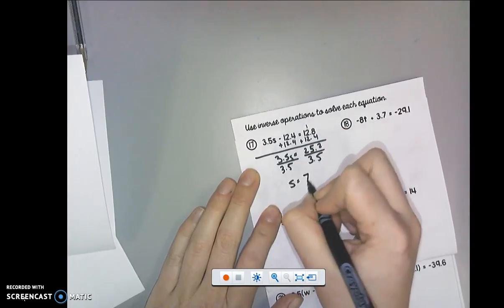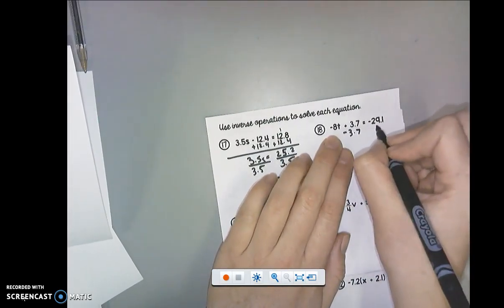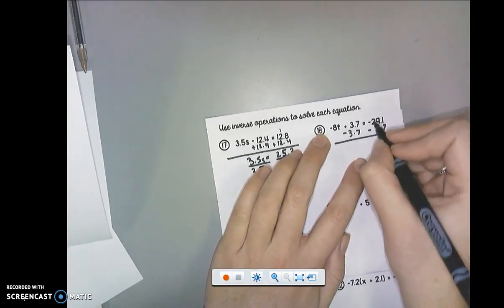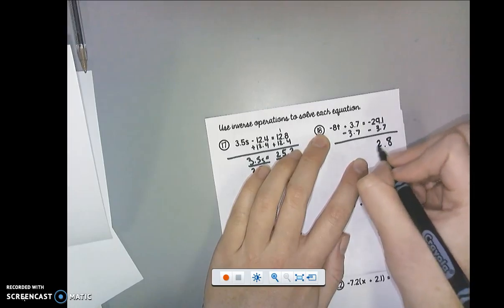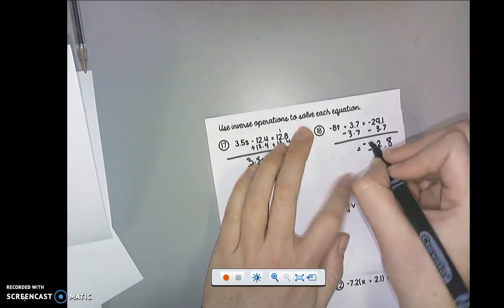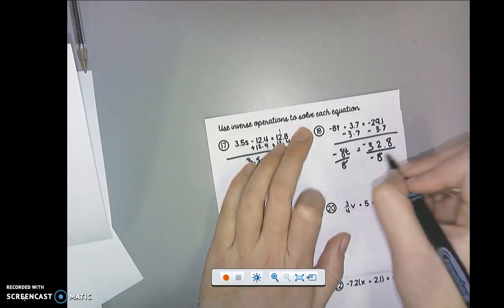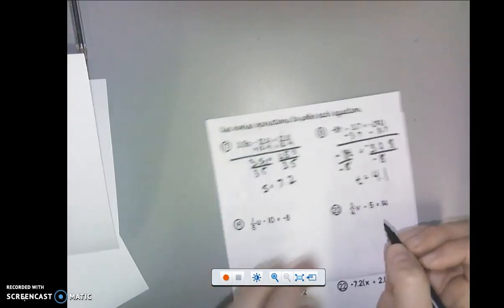And s would equal 7 2/10. We want to subtract 3/7, or 3 7/10, sorry. And remember, we're not going to have any zero pairs because they're both negative. So 8 and 12, 32 8/10. Negative though, negative 8t divided by negative 8, and t would equal 4 1/10.